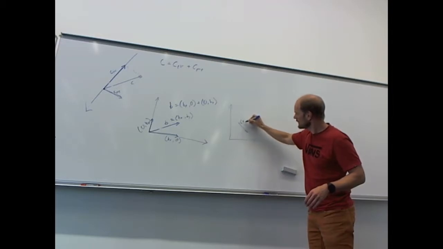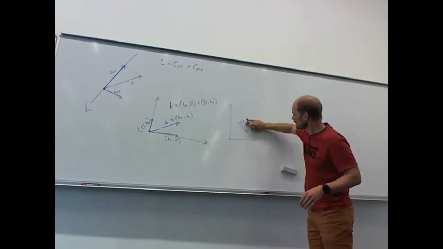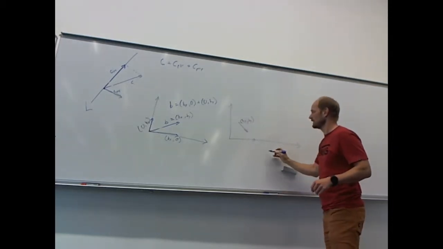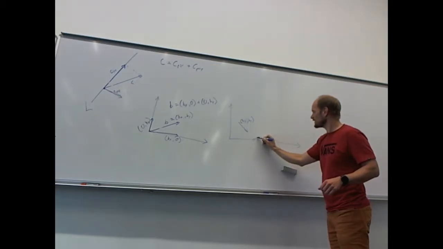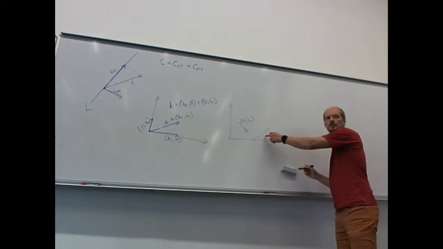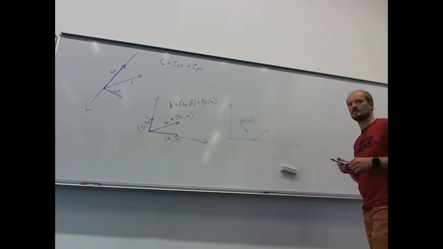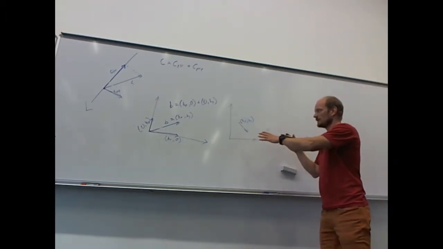This vector is Bx, By. If it reflects off the x-axis, what will the new vector be? Like the opposite. Bx, minus By.